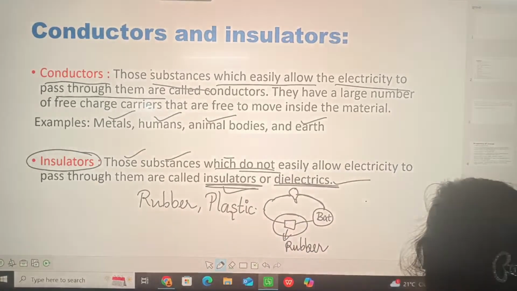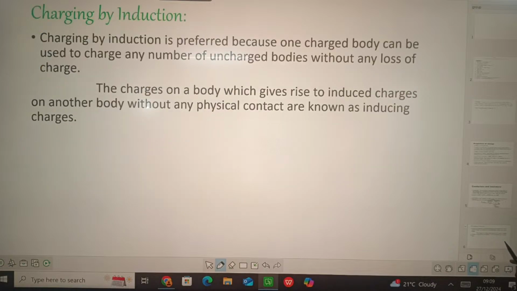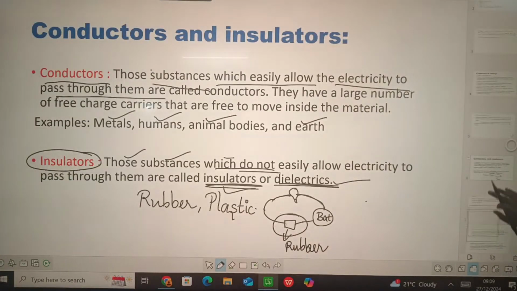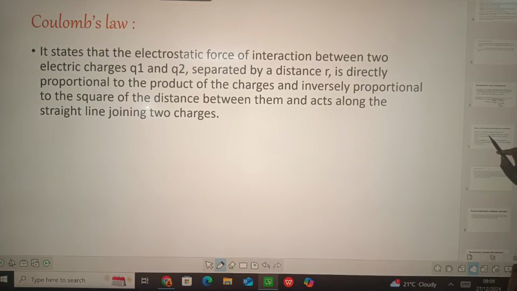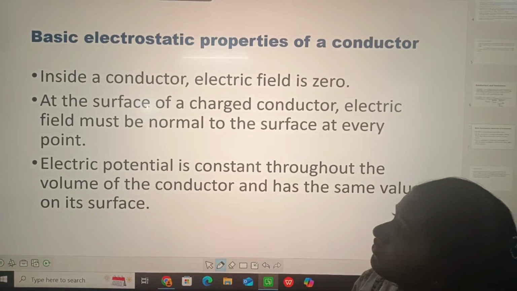So next we go for some basic electrostatic properties of a conductor.